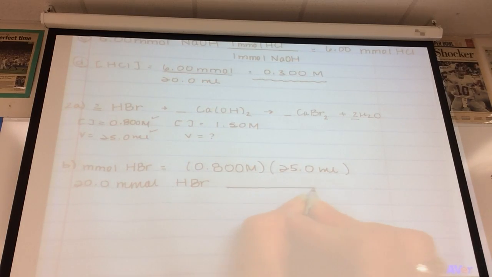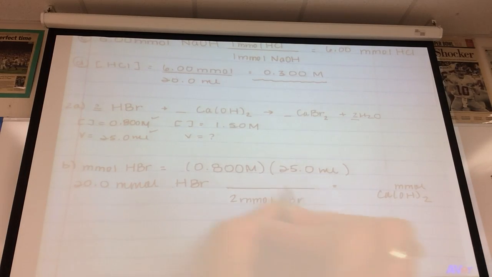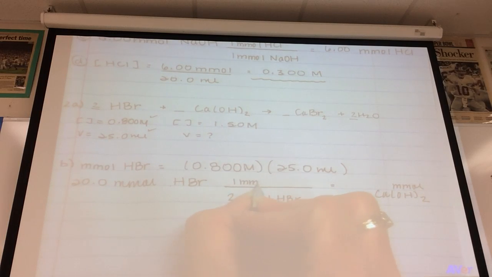And we're going to use that to get millimoles of the base. And this is where if you don't balance the equation, your stoichiometry is going to be wrong.